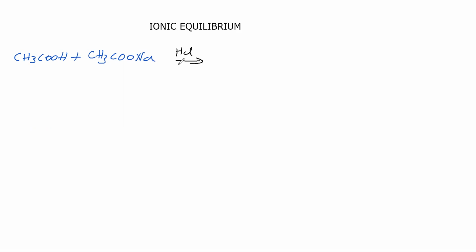Why? We are adding HCl, and this HCl will dissociate to give H plus ions. These H plus ions should not be present free in the solution. If they are present free, pH will change. If they are not present in the solution, then pH will not change.